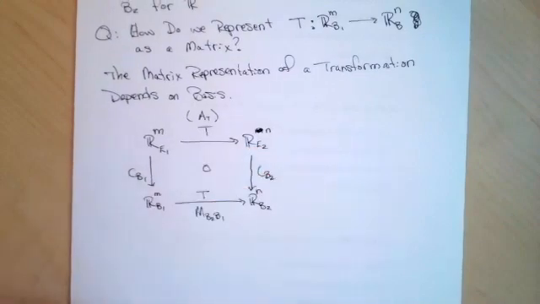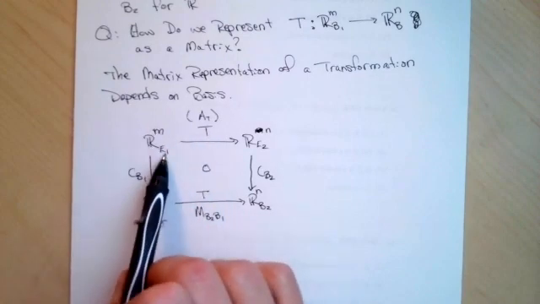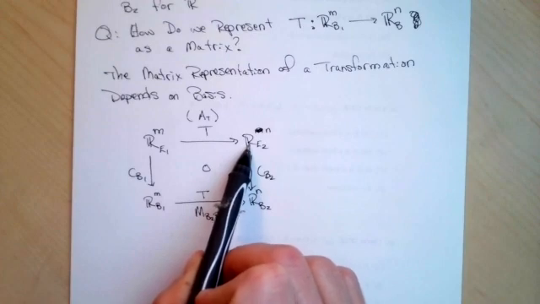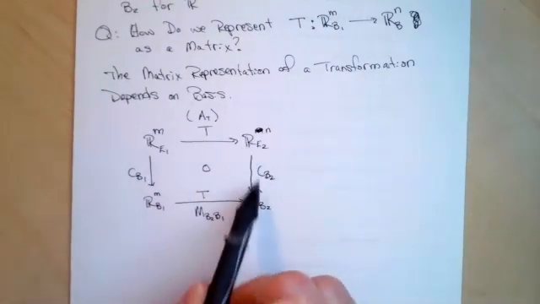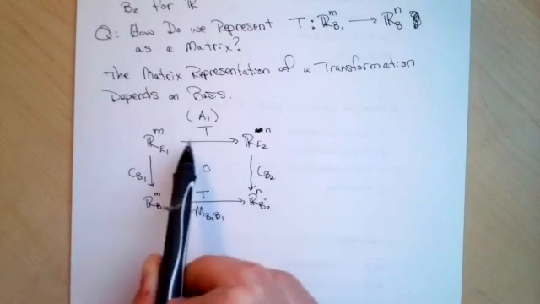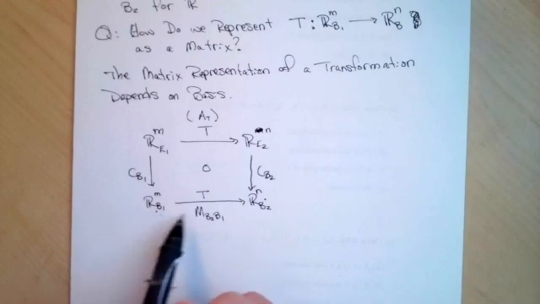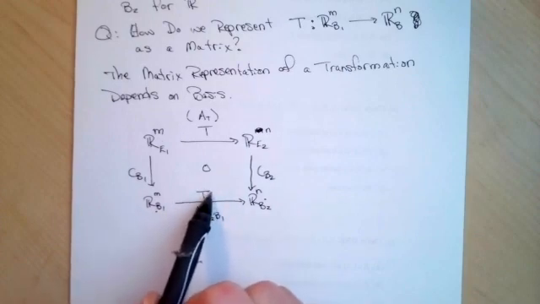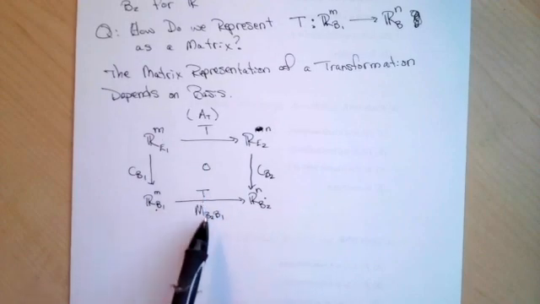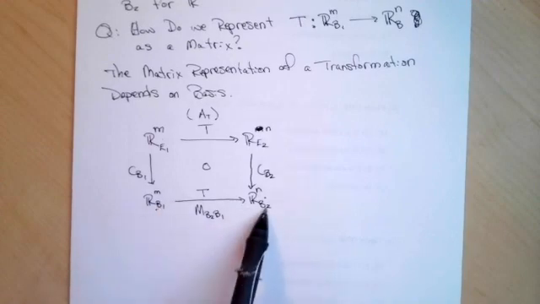We put a little circle in there, meaning that it should be the same: if I start off here and apply the linear transformation, and then change the basis to basis B2, it's going to be the same as if I change the basis first to B1, and then apply the linear transformation that corresponds to the same linear transformation, starting with the basis B1 and ending in the basis B2.